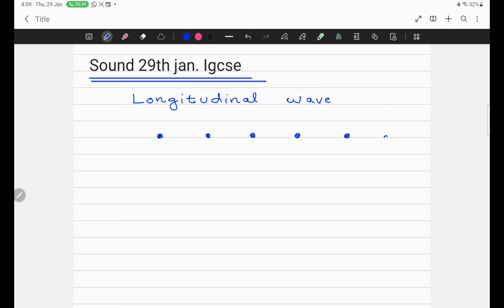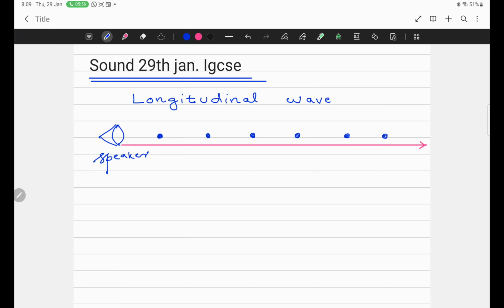Consider here is a loudspeaker, and you know a loudspeaker produces sound wave. When sound is produced by the loudspeaker, the sound is traveling in this direction.